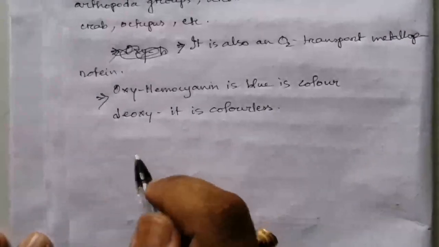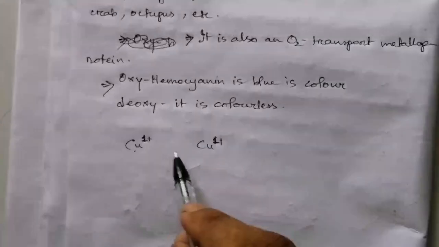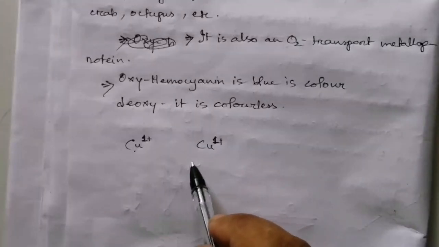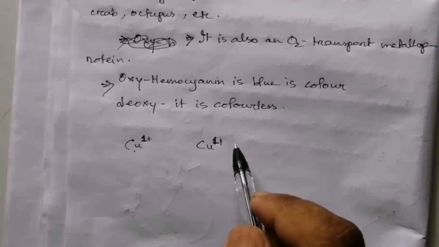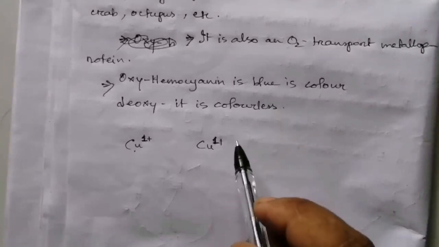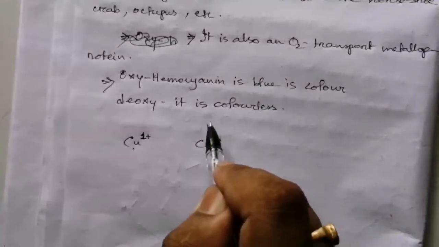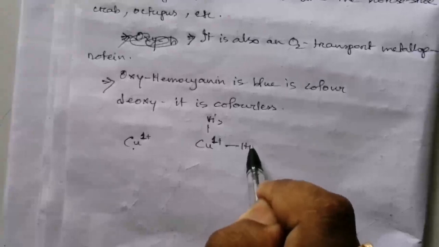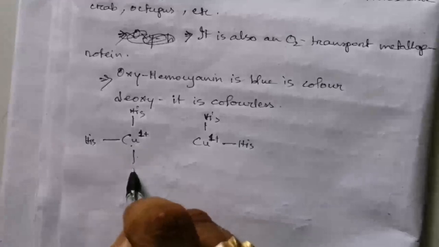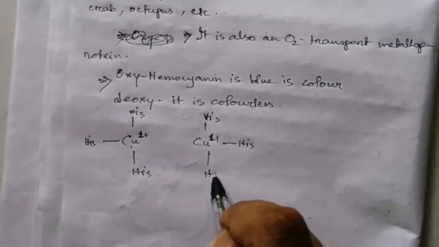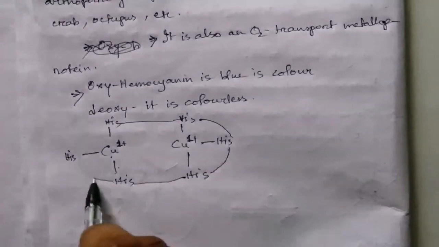Talking about the active site of hemocyanin, it is composed of a pair of copper atoms in +1 oxidation state, which are directly coordinated to the protein through the imidazole rings of 6 histidine residues. So they are connected like this.